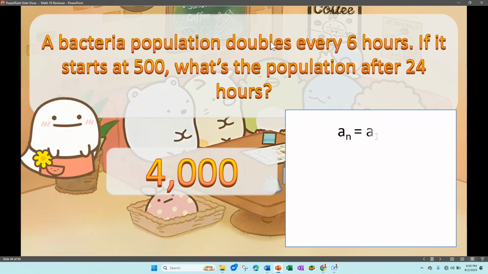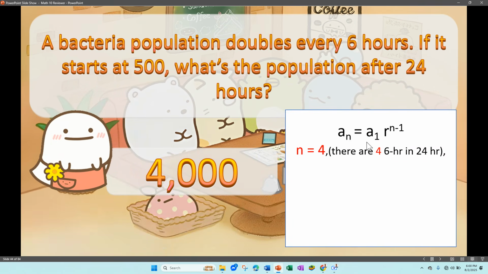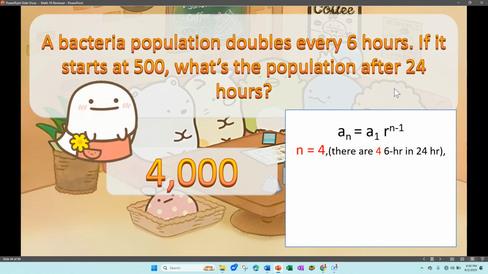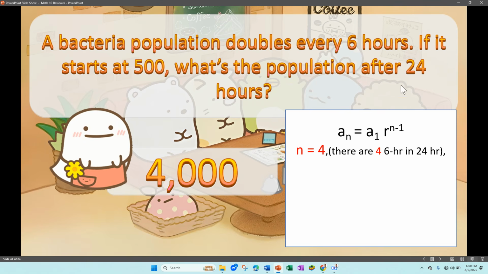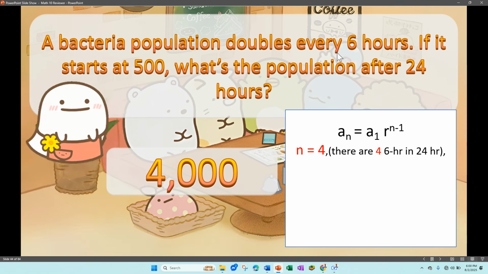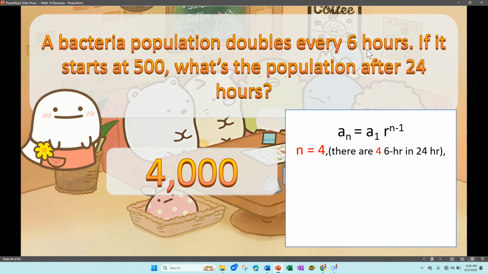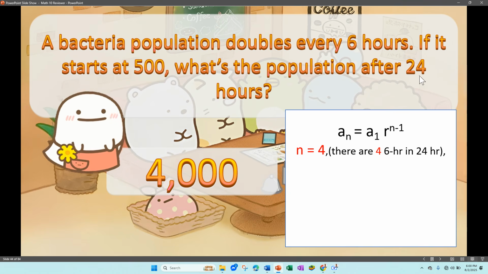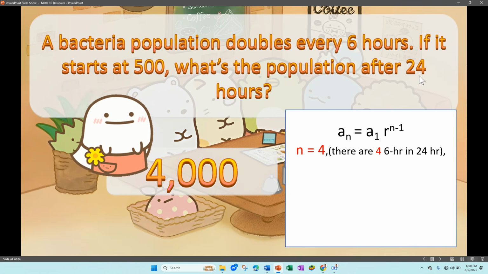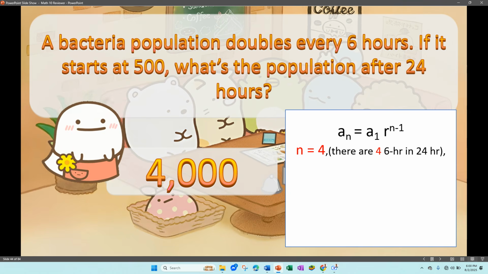Using the formula po natin, where n is equal to 4, bakit 4? Hinahanap po natin is after 24 hours. Based on the first statement po natin, every 6 hours. So para makuha po yung n po natin which is 4, there are 4, 6 hours, and 24 hours, right? 6, 12, 18, 24. So apat. N po natin is 4.